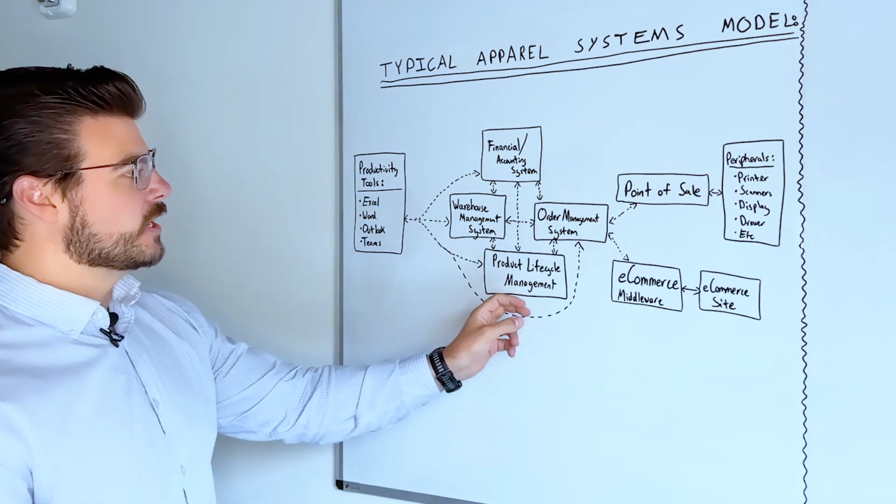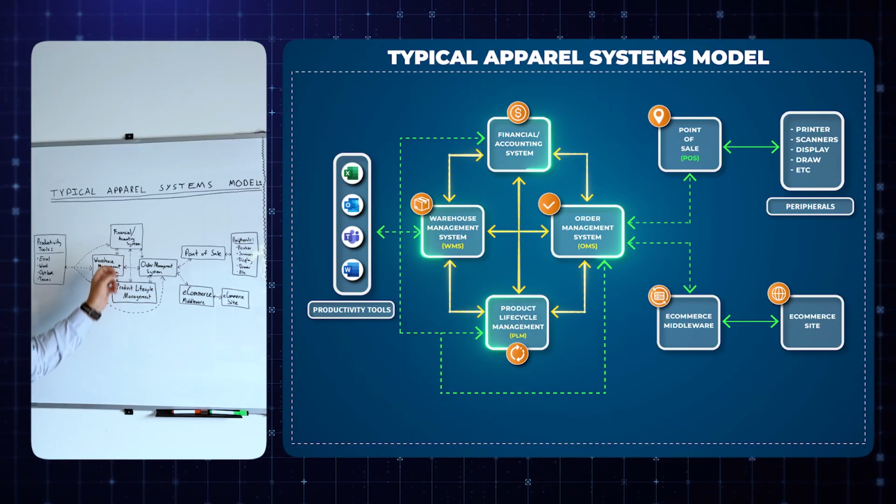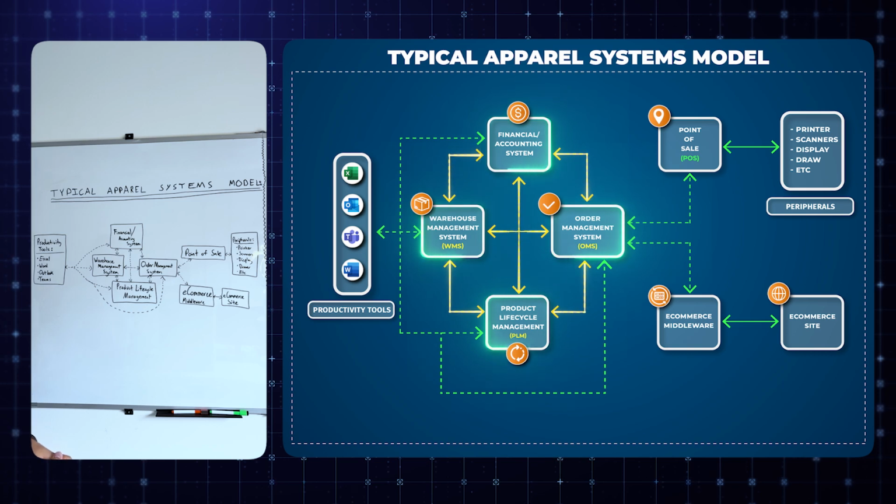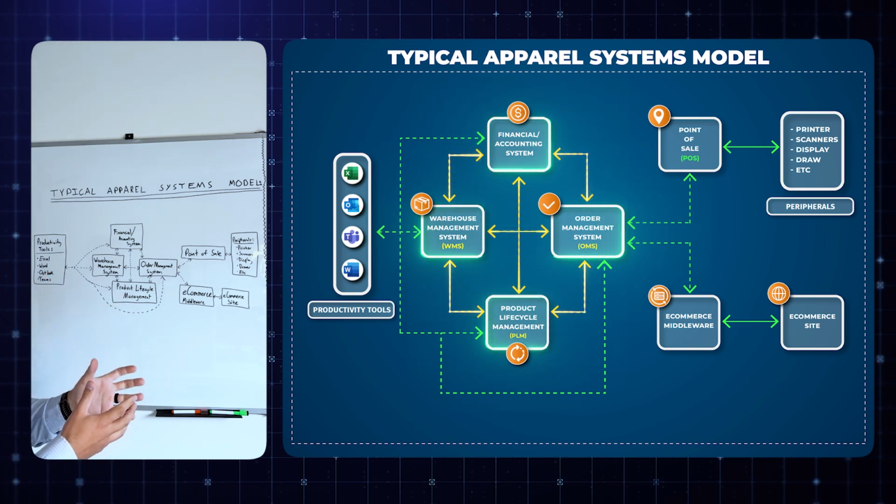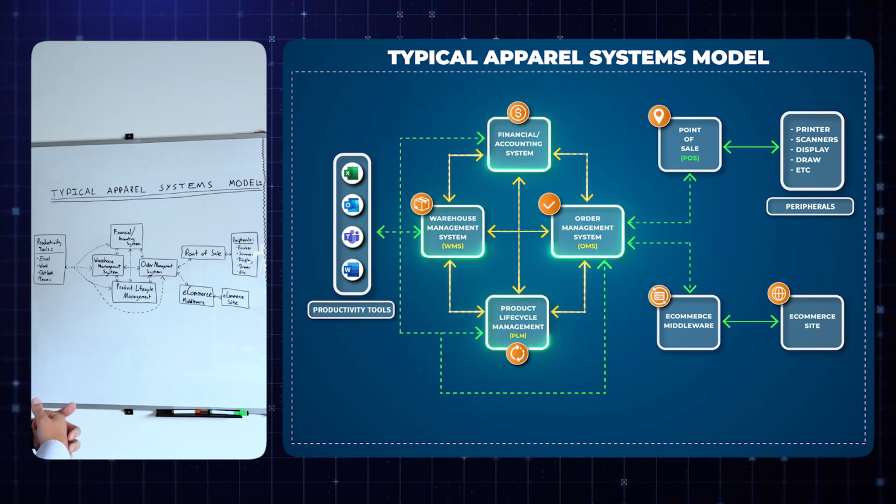And that is when it gets pushed into the OMS, the WMS, and the financial system as well. So you see really the combination of all these operational systems, and there are a lot of areas for human error when pushing and pulling data across all these disparate systems.